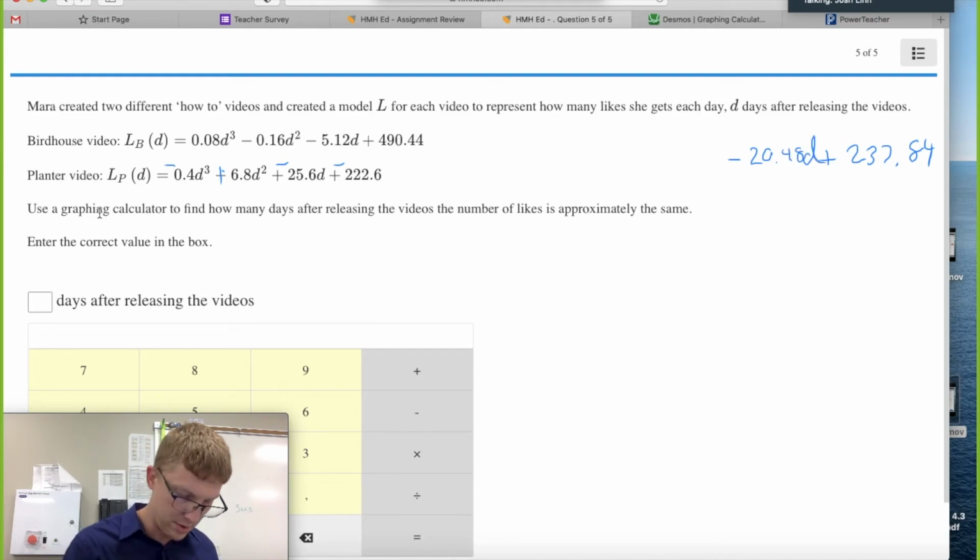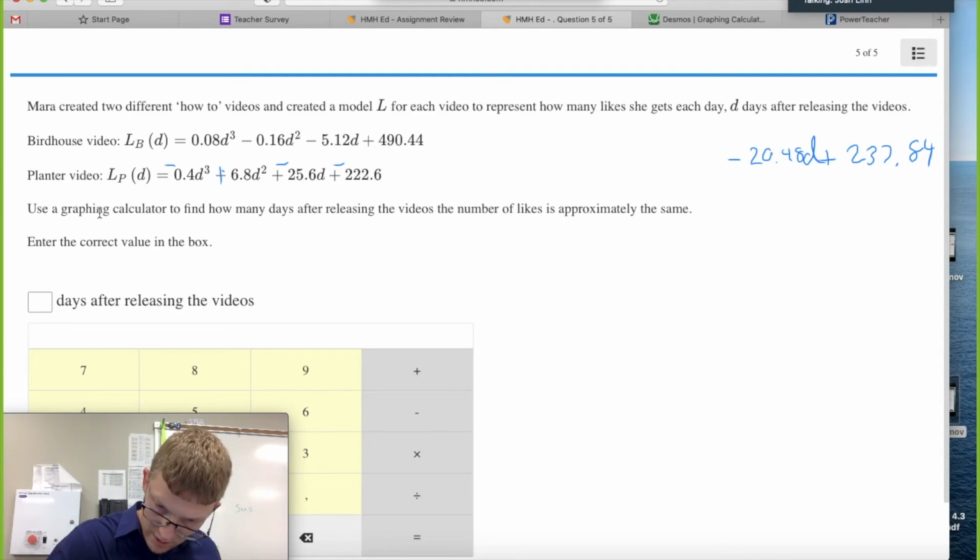So now I'm on the D squared. Got a negative 0.16 plus 6.8.